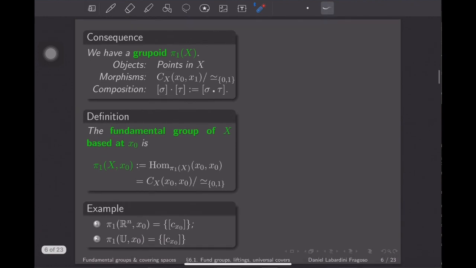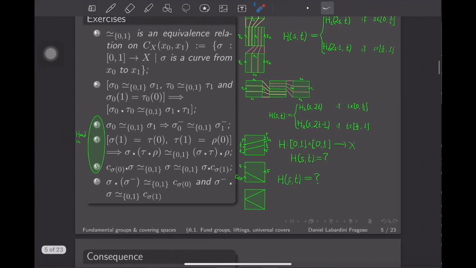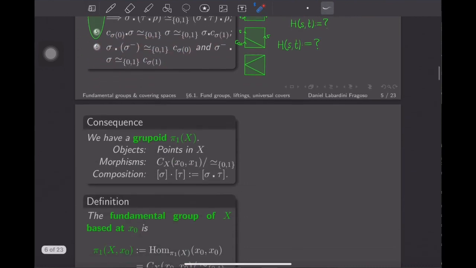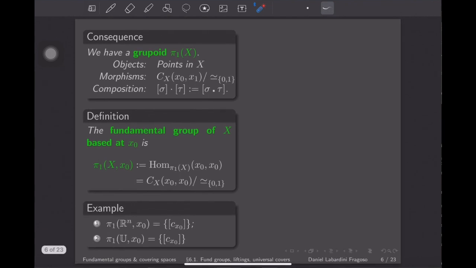And we actually have what is called a groupoid, because up to homotopy everything is invertible. So what we have is a groupoid, pi1 of X. So what is a groupoid in general?